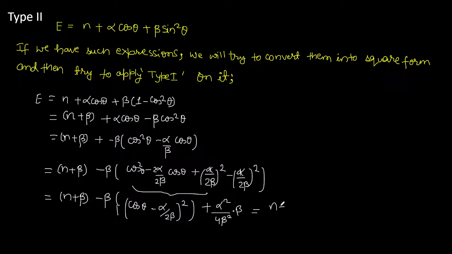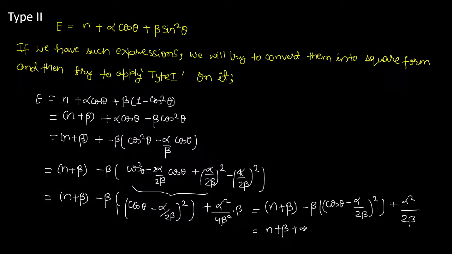Furthermore, can we say it is n plus beta, minus beta, cos theta minus alpha by 2 beta whole square, and we have alpha square by 2 beta. So it is n plus beta plus alpha square by 2 beta, minus beta.